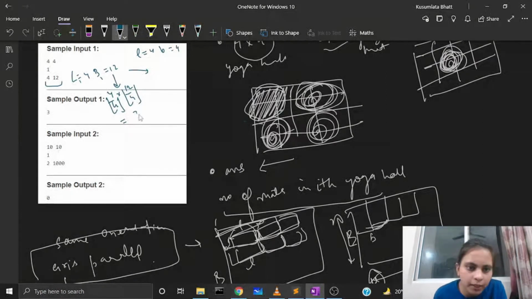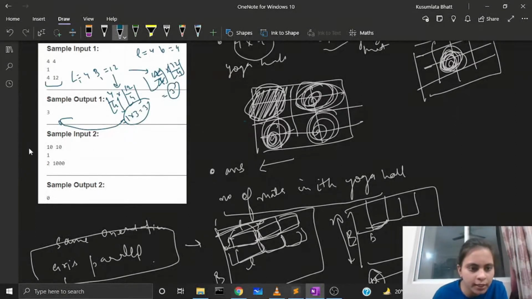So here it will be 1 cross 3, equal to 3. And when we keep it by the breadth, in this condition it will again be capital L by small b, so 4 by 4, into capital B upon small l, and the floor value of both of these. So in this case it is also 3. So we will take the maximum of both of these values and we will get 3 as the answer, because we have only one room, so we can report that only.